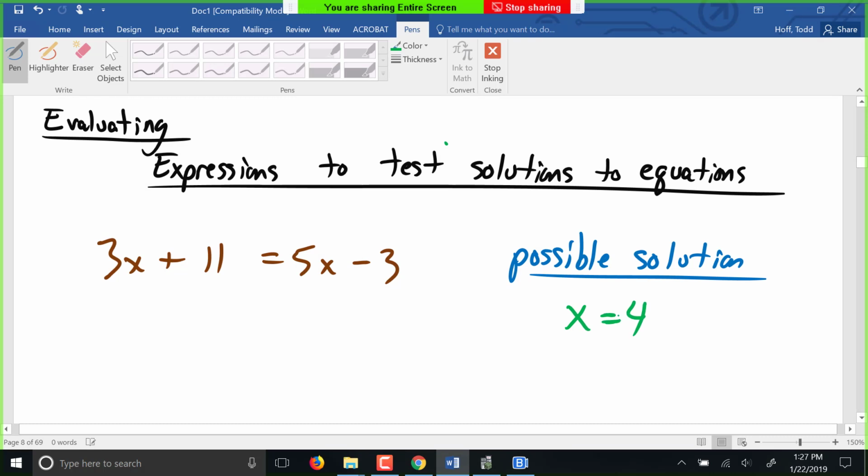How can we tell if that's the solution? Well, we can simply replace x everywhere it appears in this equation with 4.